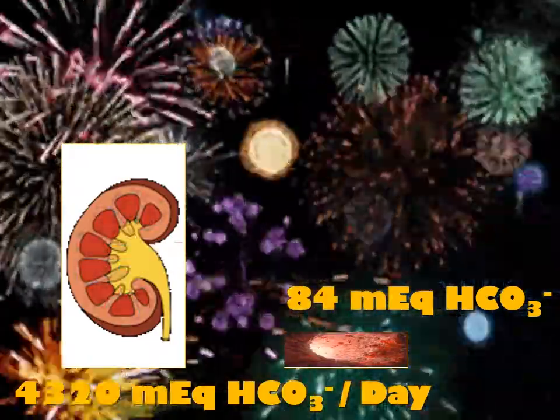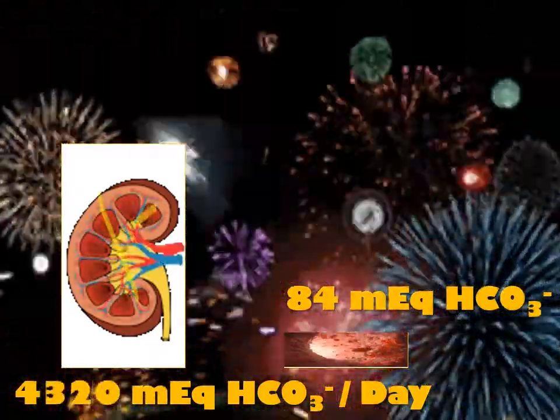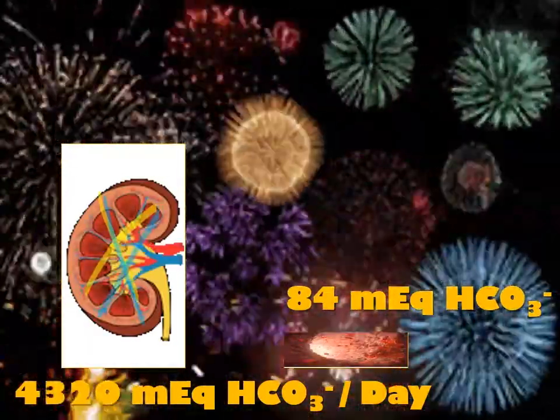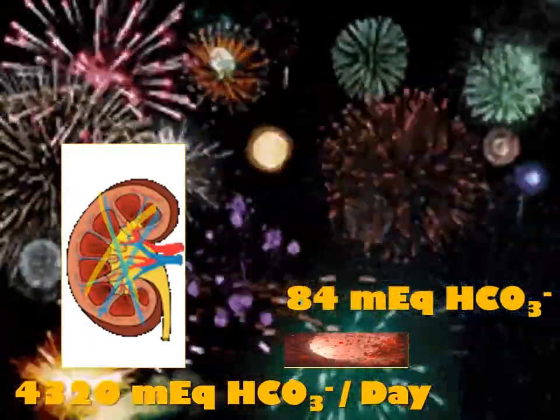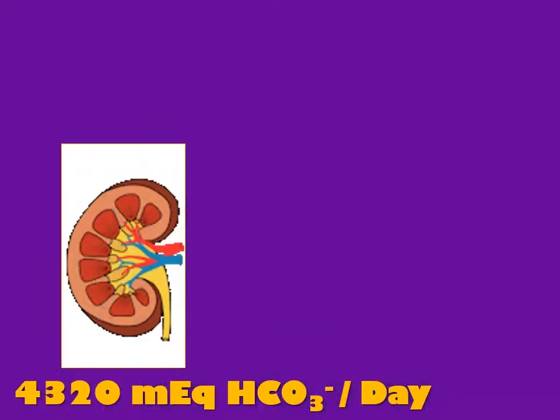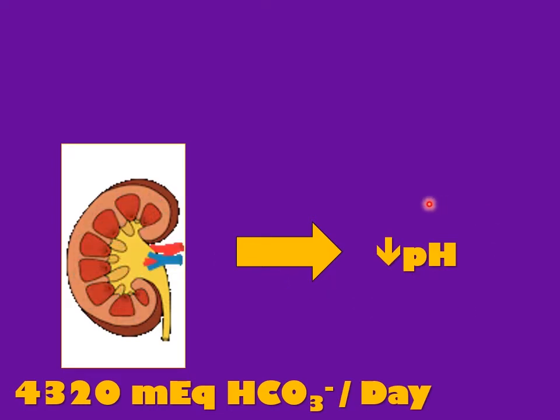So if the kidney is malfunctioning and is not able to reabsorb all of the bicarbonate, it will be very easy to lose some of the 84 milliequivalents of bicarbonate that we have in blood. And if that happens, pH will lower in the blood and then in all of the body, and that will be a huge problem for the body because pH will mess with all the functions of the body.